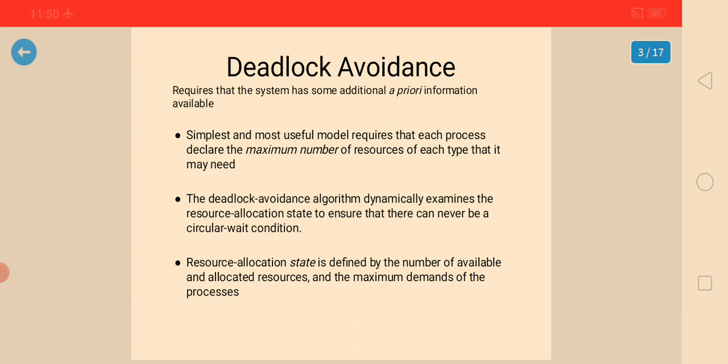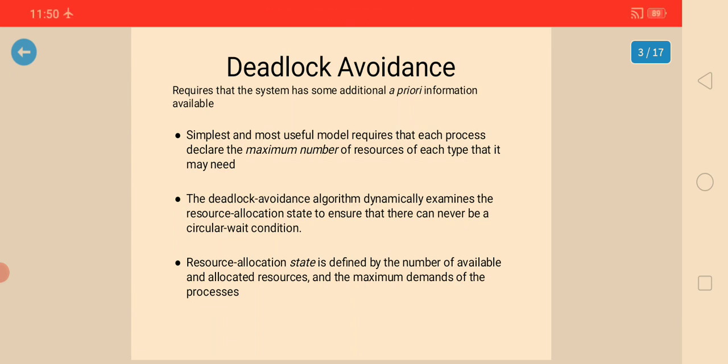So deadlock avoidance requires that the system has some additional prior information available. Prior information in the sense of which process wants which resources; all that information we need to find out first.